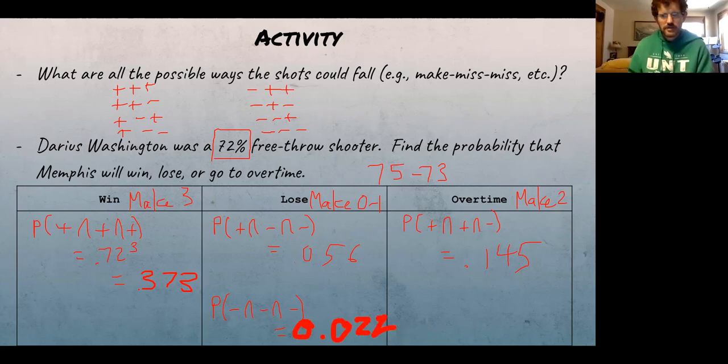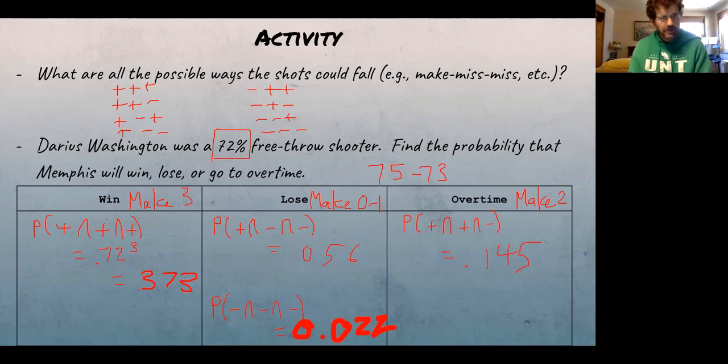Now, if you add this up, this does not add up to 100%. Let's figure out why it does not. With previous probability problems, we've got 3 events happening here, right? Make, like in the first one.